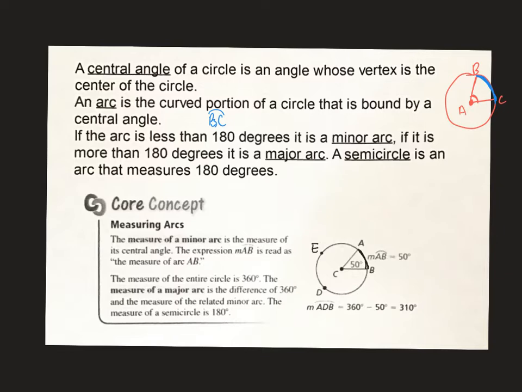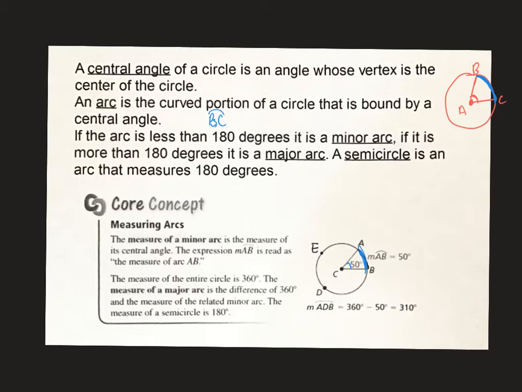So when we're measuring arcs, the measure of a minor arc is just the measure of the central angle. So in this picture down here, we have a central angle ACB that has a measure of 50 degrees. So this 50 degrees is going to be the same measure as this arc AB. So that arc in between those 2 points is also going to be 50 degrees.